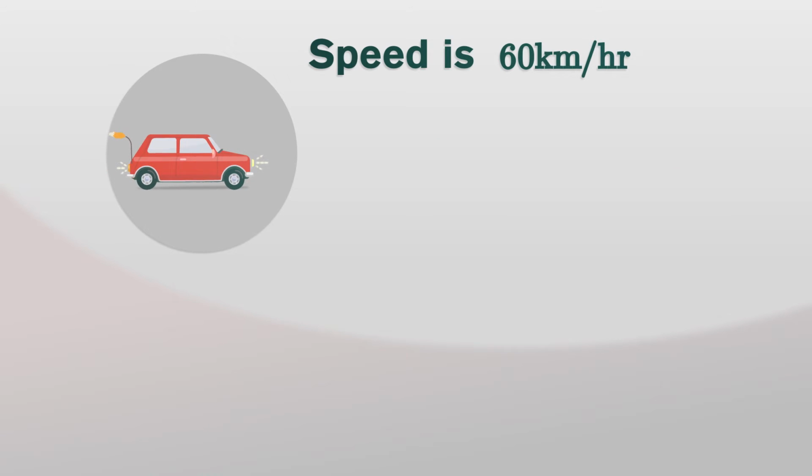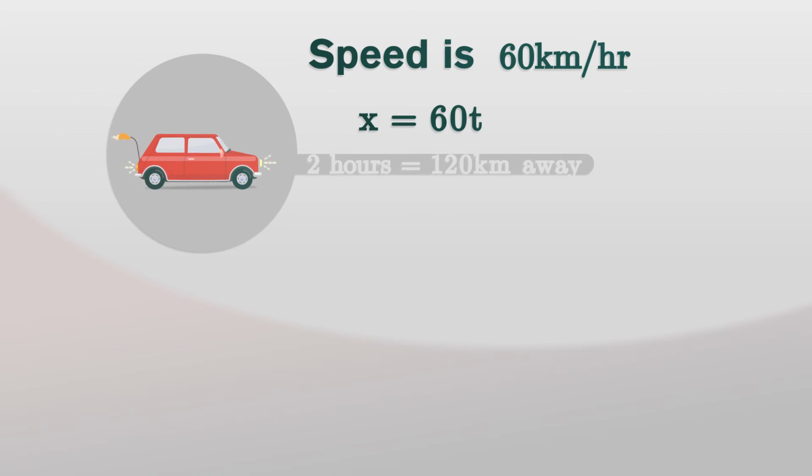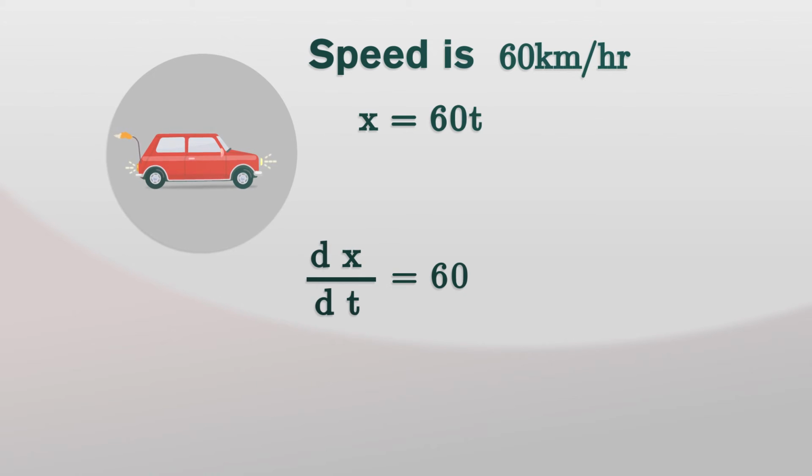Let's say a car is going at 60 kilometres per hour. Then the position of the car is given by x equals 60t, where t is the time in hours. So at 1 hour, it's 60 kilometres away. At 2 hours, it's 120 kilometres away. Its speed is 60, so dx over dt equals 60.